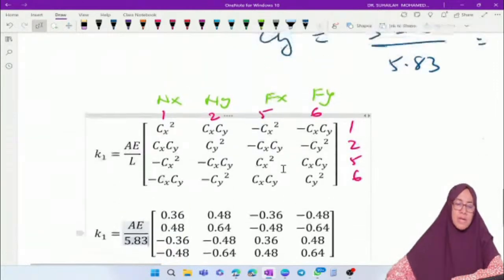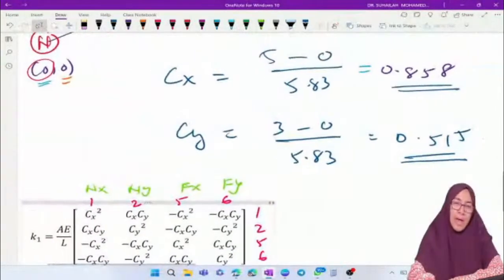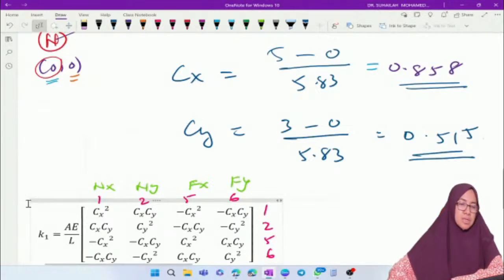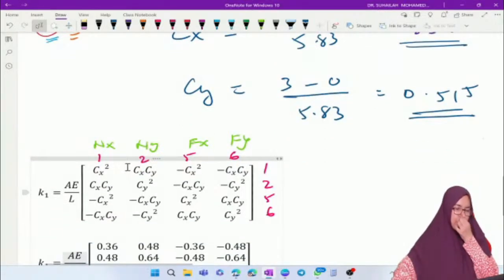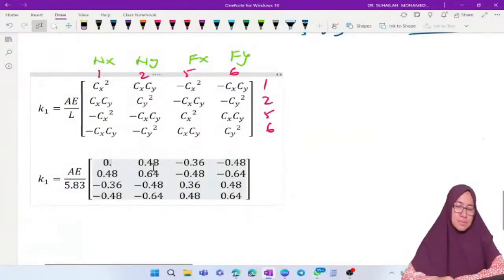Cx squared is 0.858 squared, which equals 0.736. Please check.